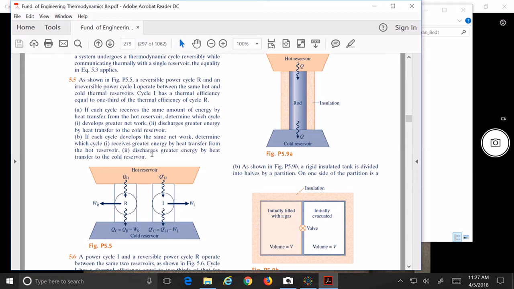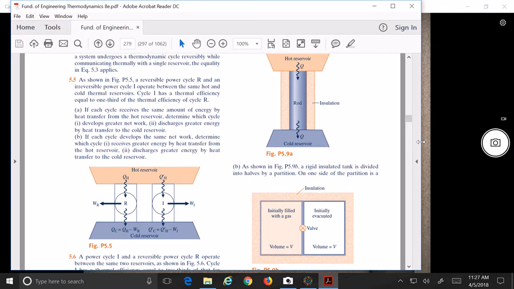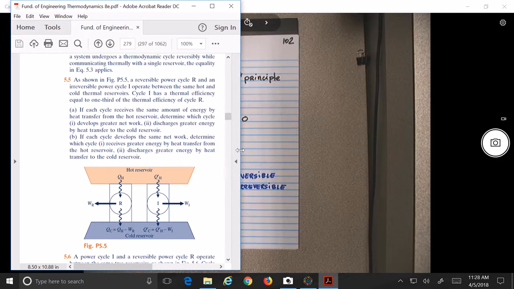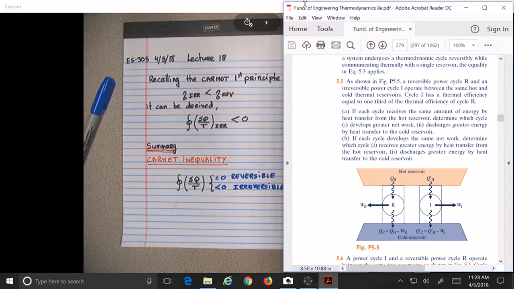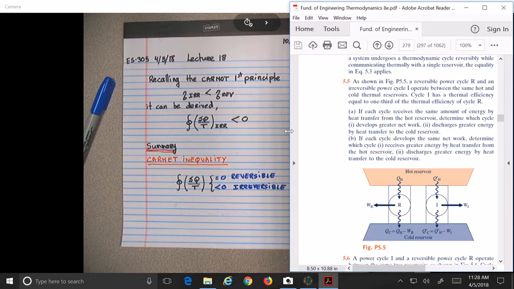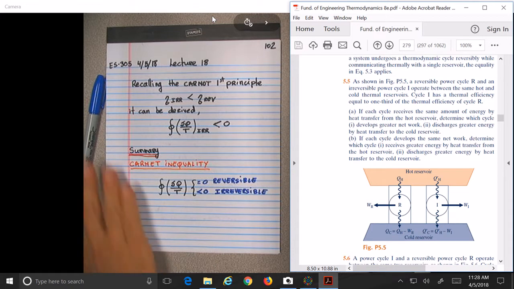So let's see if I can make this so that we can see both things on the screen. Maybe I can make it work. Will that work over here? All right.